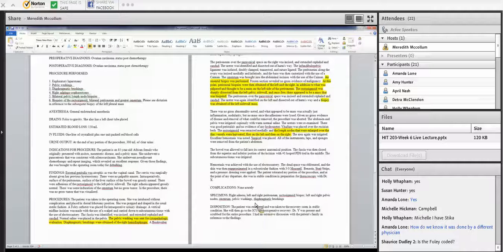So before I go into the coding, this is one where I apparently have some disagreements. They note that they did a right salpingo-oophorectomy, but I don't see anywhere that they did one. They said they sent right adnexa to the pathologist, and that could be anything, in my opinion.